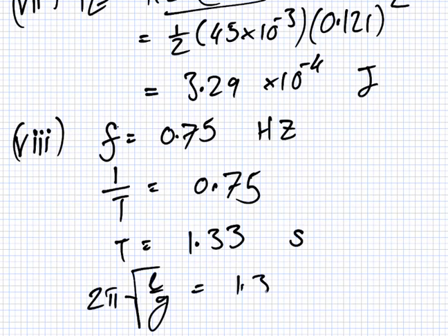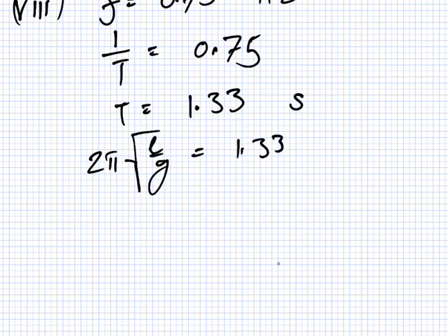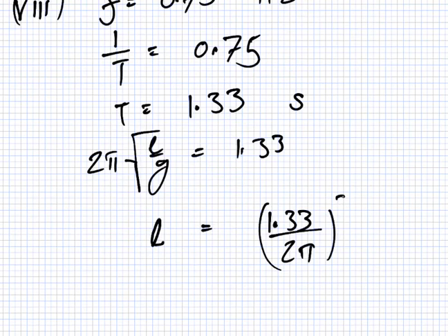So we just want the L here. So we can say L equals 1.33 divided by 2 pi, squared, times G, if I do some rearranging there. 0.44 about, isn't it?